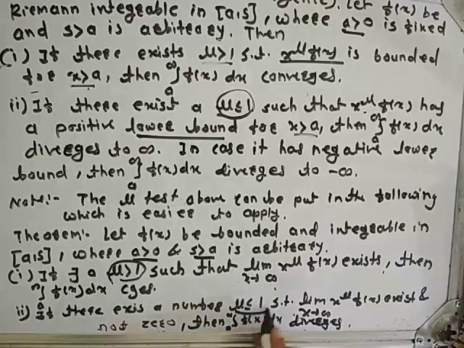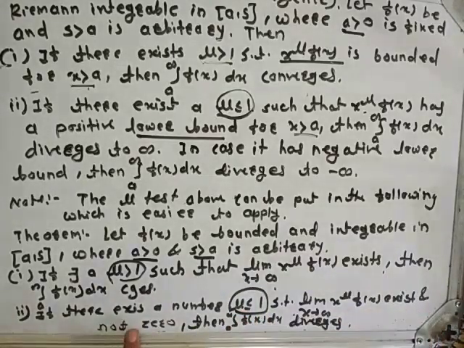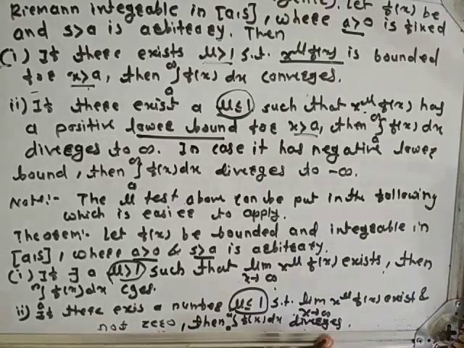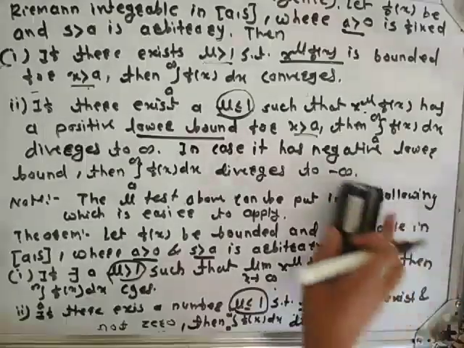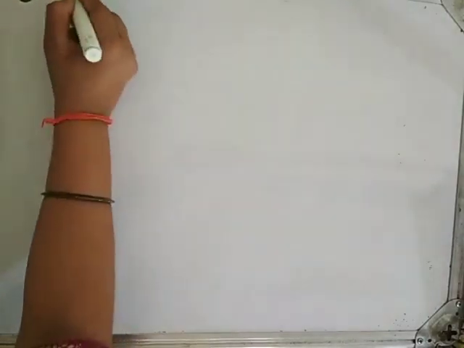If there exists a mu which is less than or equal to 1 such that the limit x tends to infinity of x raised to mu f of x exists but is not equal to 0, then the integral of f of x dx diverges. Now we will see examples. First example: test for convergence.